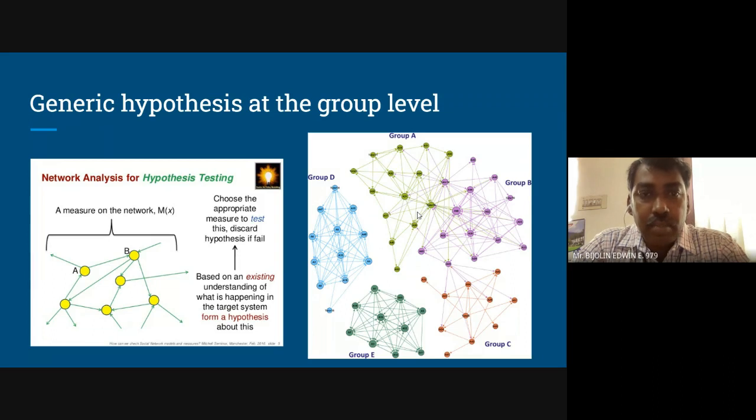Some groups are strongly connected, a big group where many people are connected and the interaction between every node is strong. But group C is not that strongly connected; its network structure is weakly connected. Group D is somewhat connected.